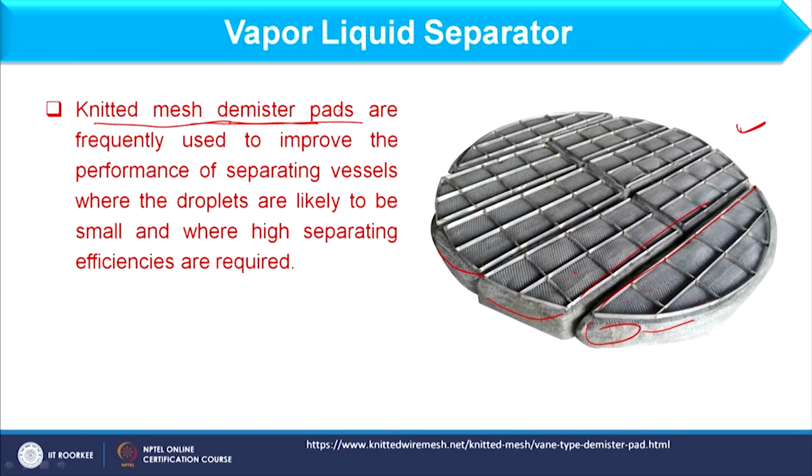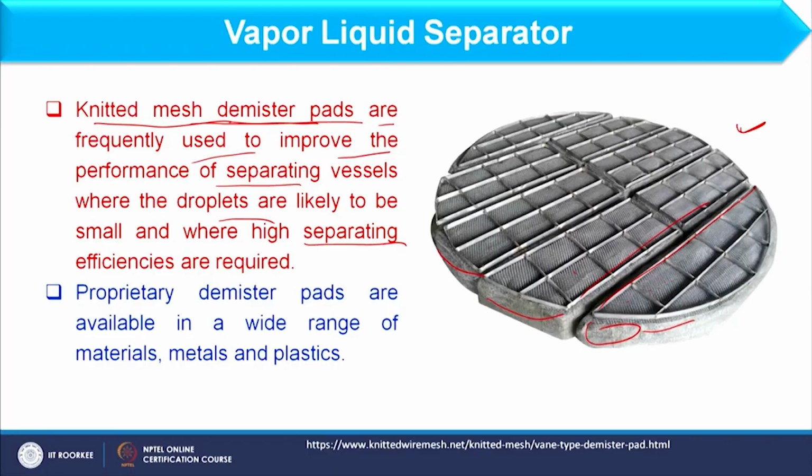So, knitted mesh demister pads are frequently used to improve the performance of separating vessels where droplets are likely to be small and where high separating efficiencies are required. In this case, small diameter droplets can also be captured by these pads, where high separation occurs between vapor as well as liquid, and the vapor exiting from this pad is liquid free, or liquid droplet free, right.